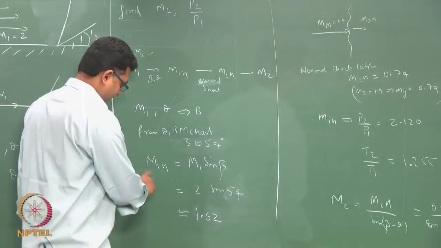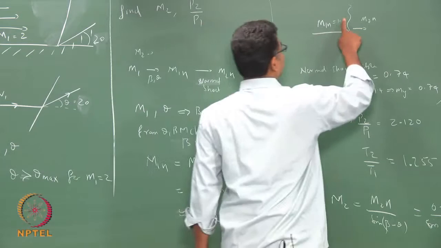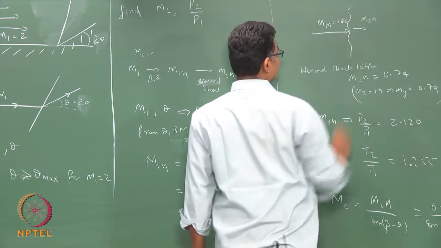M1n is 1.62, which means our M1n here is 1.62 instead of the previous value.